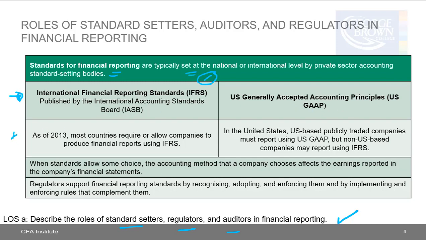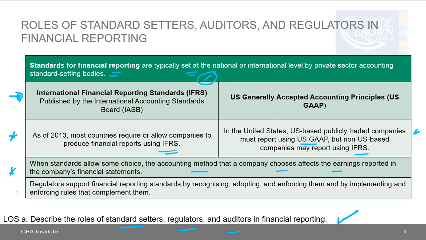Starting with IFRS, as of 2013, most countries require or allow companies to produce financial reports using IFRS, okay? In the United States, US-based publicly traded companies must report using US GAAP, but non-US based companies may report using IFRS. When standards allow some choice, the accounting method that a company chooses affects the earnings reported in the company's financial statements, okay?